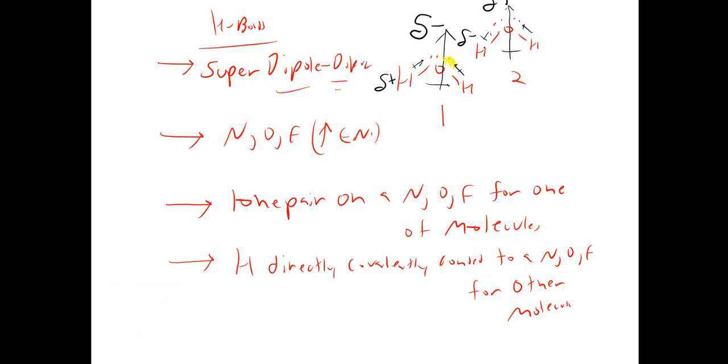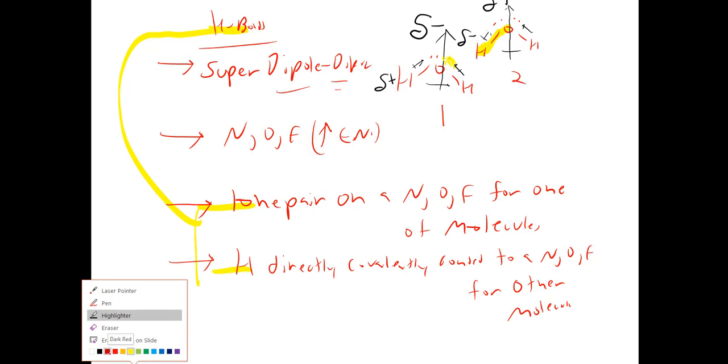So there is my hydrogen, and it's directly attached to an oxygen, for example. Now, you can have the lone pair on a nitrogen or a lone pair on a fluorine, and then a hydrogen on a nitrogen and a hydrogen on a fluorine. So there are some options. But you do need these two criteria for it to be hydrogen bonding, along with it having an overall dipole.